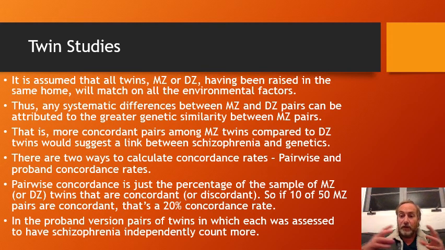Basically, if the twins that are closer genetically also tend to be more frequently concordant, so if one has schizophrenia, the other has schizophrenia, that is suggestive of a genetic basis for schizophrenia.